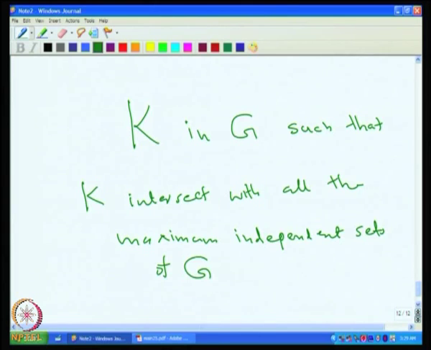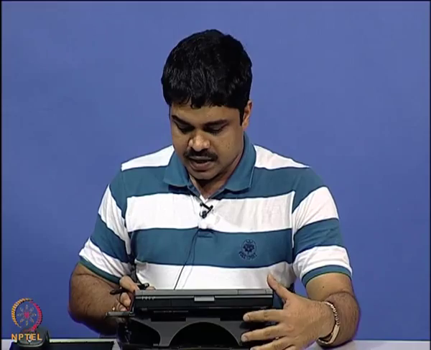Now, the smaller graph is already perfect, so its complement also has to be perfect by the induction hypothesis. So, there we will get the fact that alpha is equal to the clique cover number. So, you will get a collection of alpha minus 1 cliques which will cover the entire graph, or in other words in the complement we will be able to color using alpha minus 1 colors.